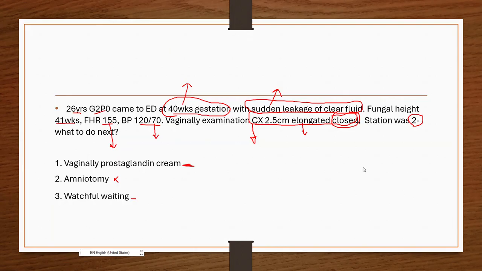Now, when you look at this case, can somebody mention whether there are signs of this labor progressing or not? What do you think? Will this labor progress or not? When you go through the case, will it progress naturally or not? Can somebody give an idea on that? Or are there things to say that it will not progress if you don't intervene?